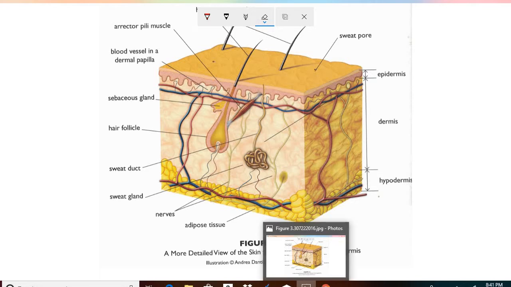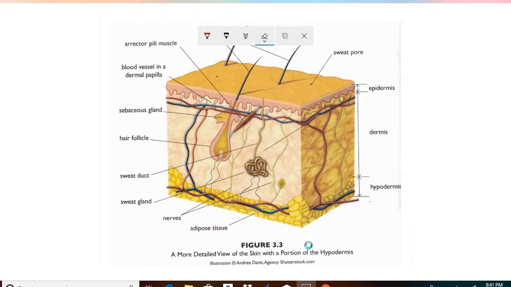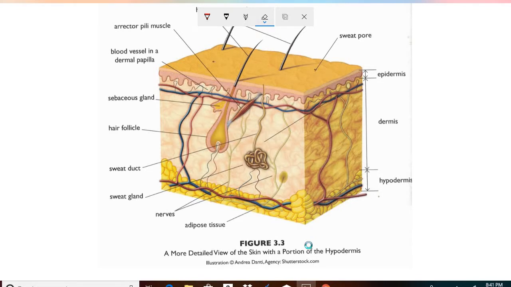So if we go back to this figure that we were looking at then, I also want to point out a muscle that we see here. So this is a muscle, and several things. One, you'll notice that muscle does have a nerve supply, so there's nerves going to that muscle, but also this muscle is attached to the hair follicle.